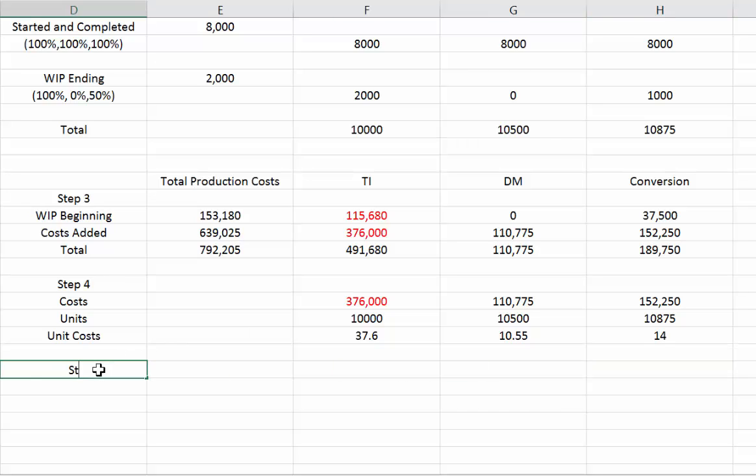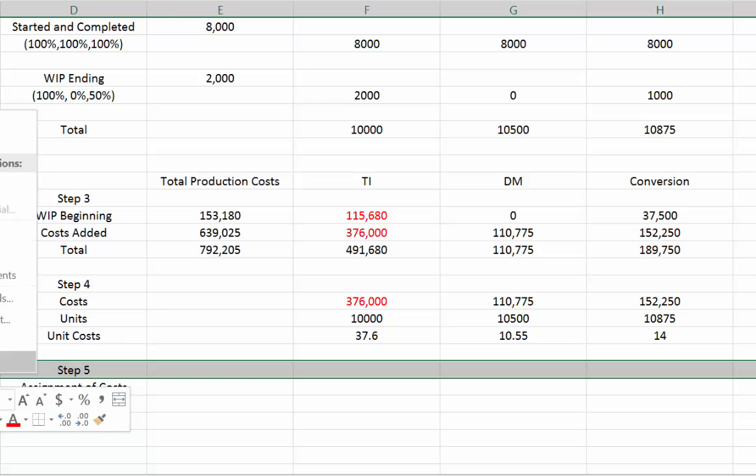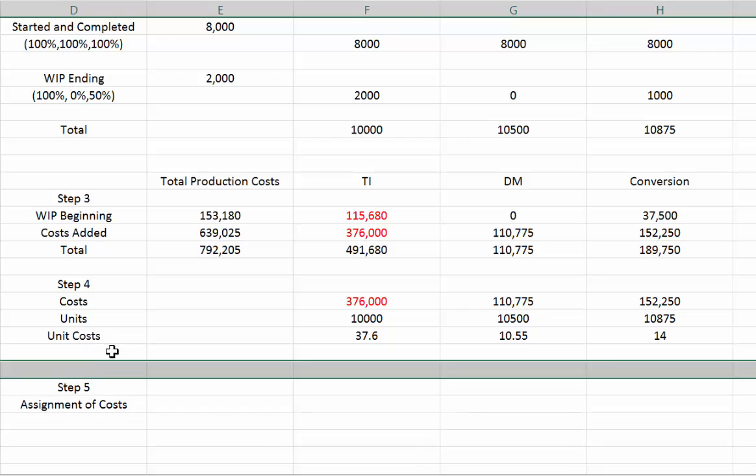Now we can take a look at step 5, and this is about assignment of costs. This is going to be quite interesting, because now you have 3 different groups to handle. To make my life easy, I need to do some copy paste work.